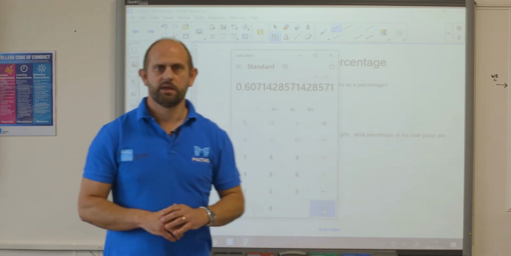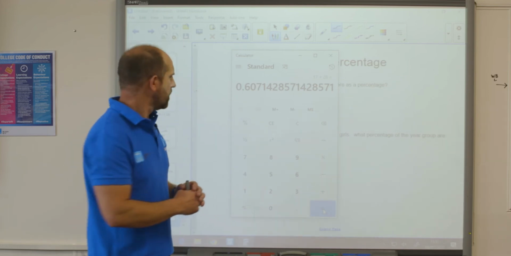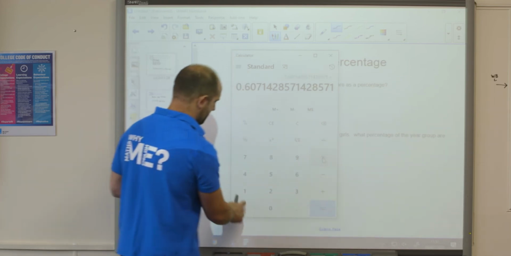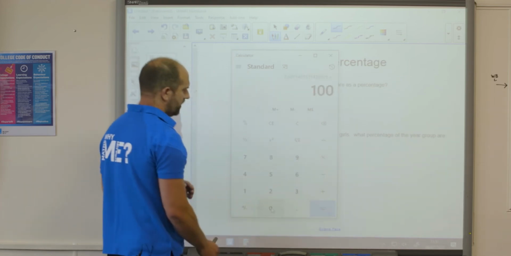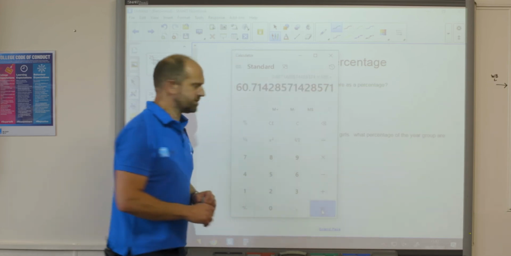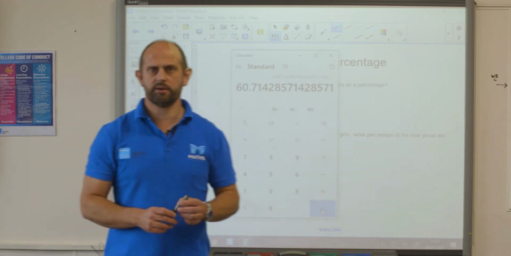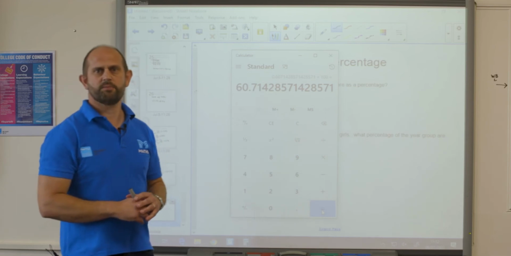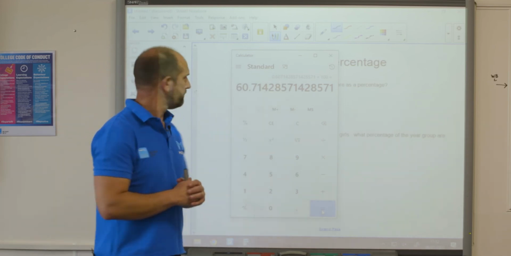To turn that into a percentage, all I need to do then is multiply that by 100 equals 60.71%, 61% to the nearest whole integer.